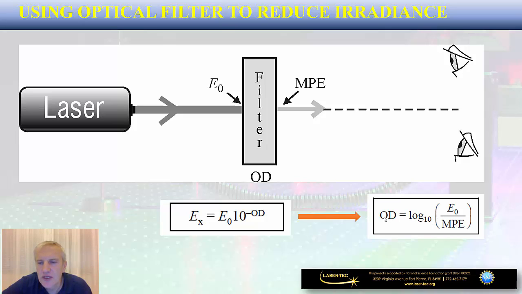If you do the calculation, you come up with a number for the OD that is going to be the minimum OD your laser safety goggles should have in order to properly protect your eye against any kind of dangerous or hazardous laser radiation.